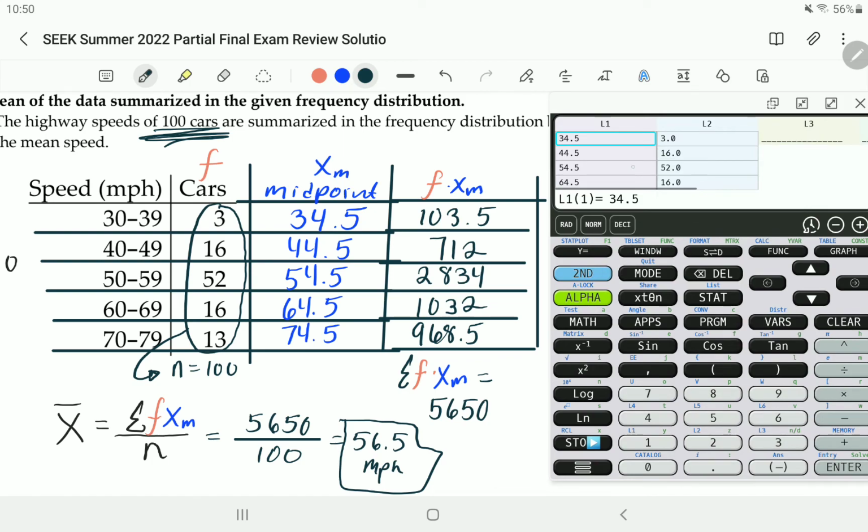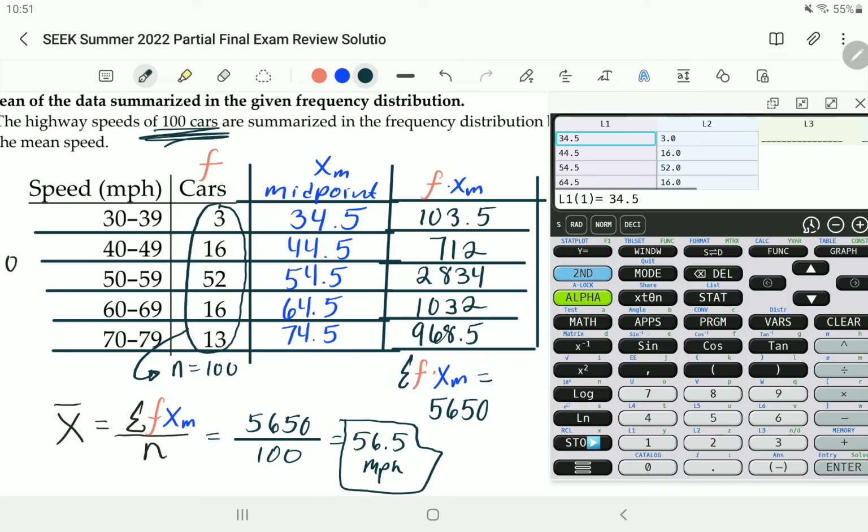For L1, you're going to enter in all your midpoints: 34.5, 44.5, 54.5, 64.5, and 74.5. For L2, you're going to enter in the frequencies: 3, 16, 52, 16 again, and 13.